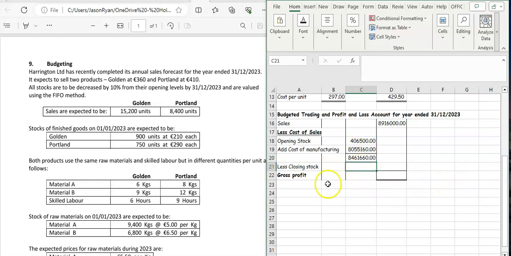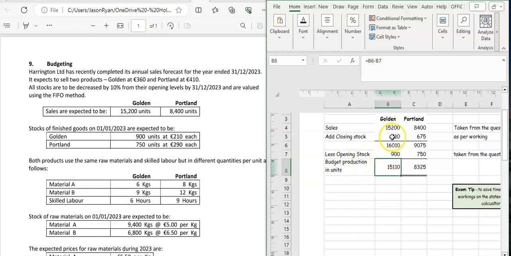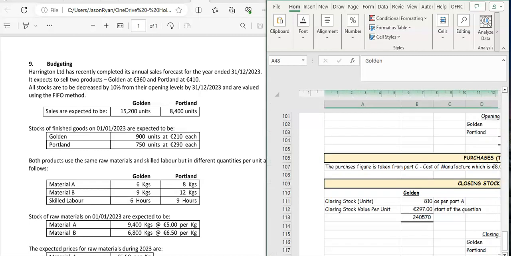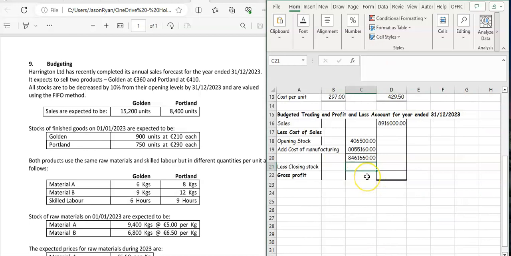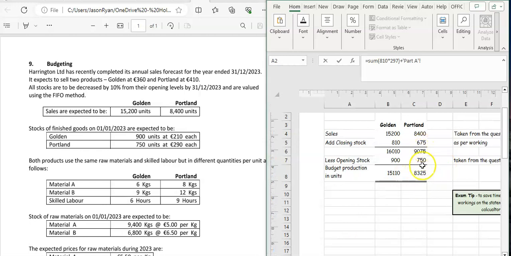Now remember, the closing stock units are going to be taken from part A. So you go to part A, we'll see you got your closing stock of 810 and 675. So 810 multiply that by the 297 that we have above, plus the 675.